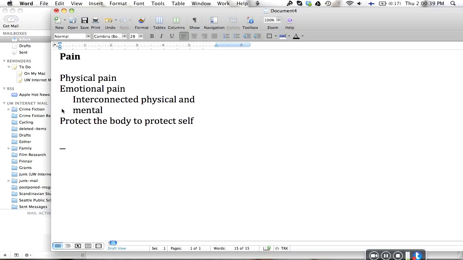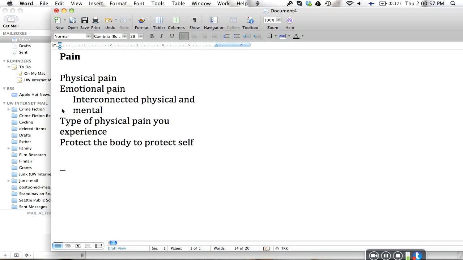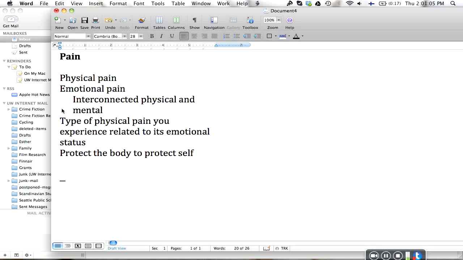Other notions of pain. Caitlin, I thought you had your hand up. Oh, well, in the way that physical and emotional pain are kind of mixed together, the type of physical pain you're enduring changes how you feel about it, like what caused it. So, for instance, if I walked into a light pole and broke my nose, I'd be really embarrassed and physically hurt. But if someone punched me and broke my nose, I'd feel very differently about the situation. I mean, the context in which something happens changes a lot. Okay, excellent observation that pain is not objective in the sense that it just exists.